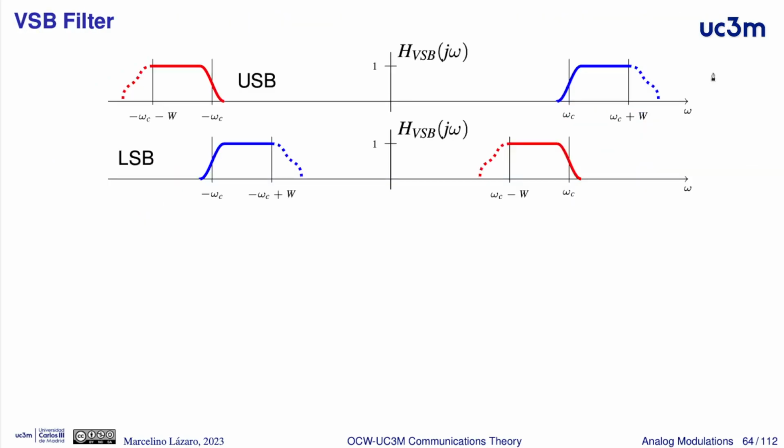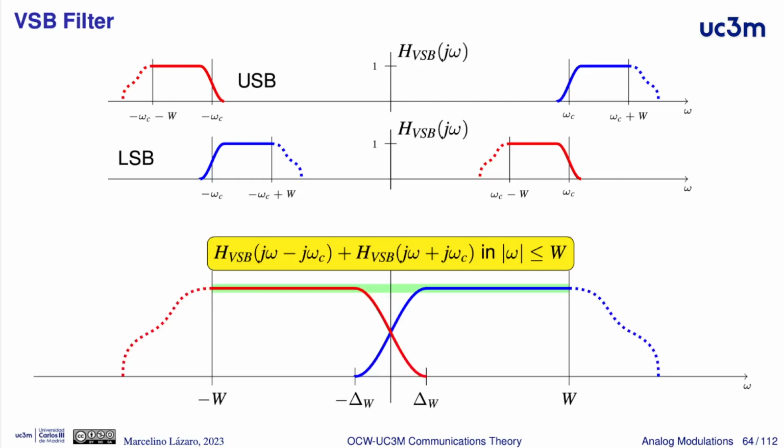If now we look only at the frequency responses of the filter, this is the example that we have seen for the upper sideband example, but here we have an equivalent filter for the lower sideband case. It is evident that the shifted replicas of the frequency response of this filter moved to baseband must add up to an ideal response in the frequency range given by the bandwidth of the modulating signal.